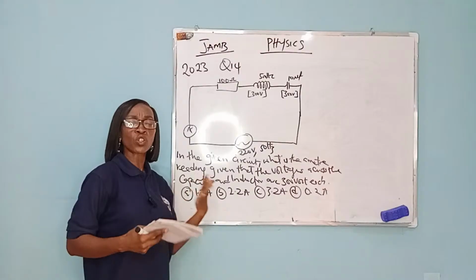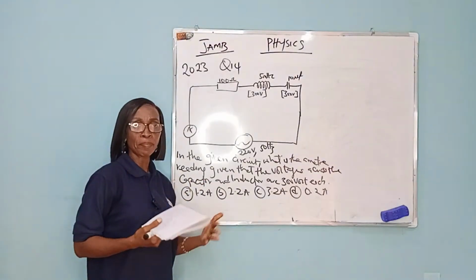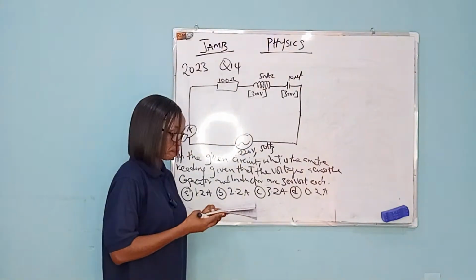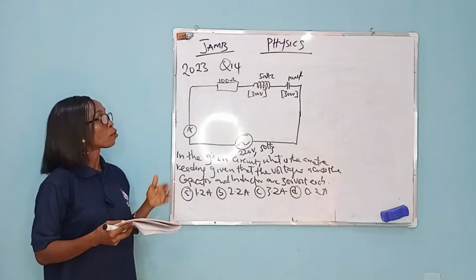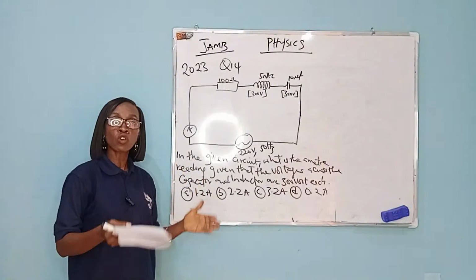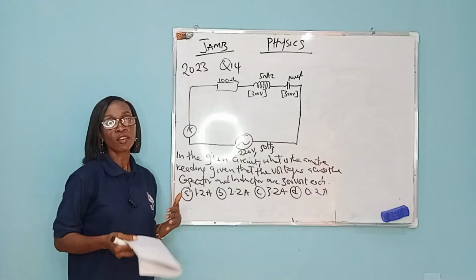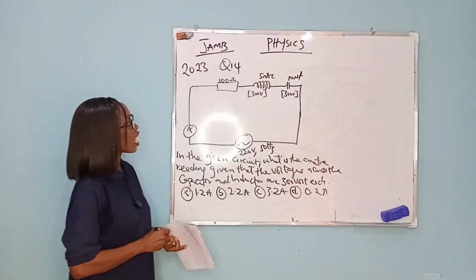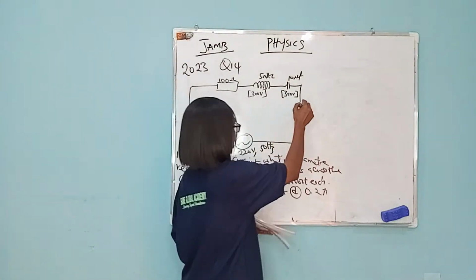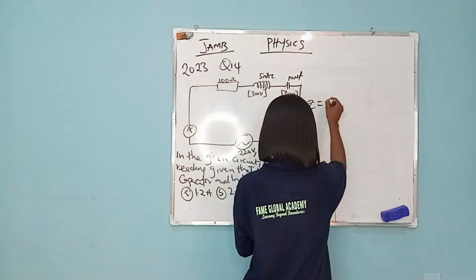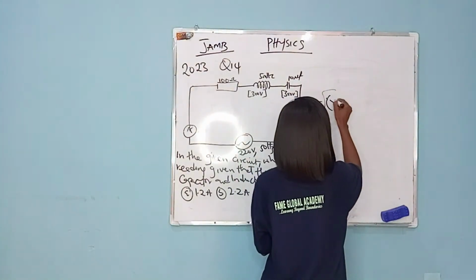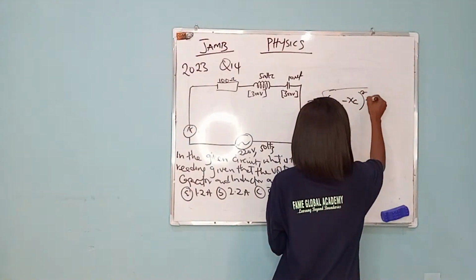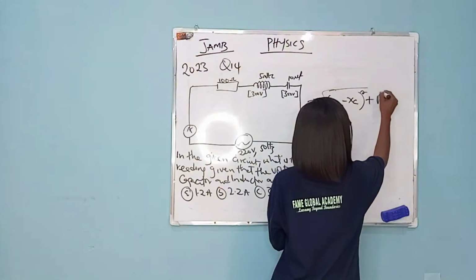Now, this question is from impedance. Impedance is the opposition affected by capacitor and inductor to the flow of an AC current flowing through them. It has a formula that says Z is equal to the square root of XL minus XC all squared plus R squared.